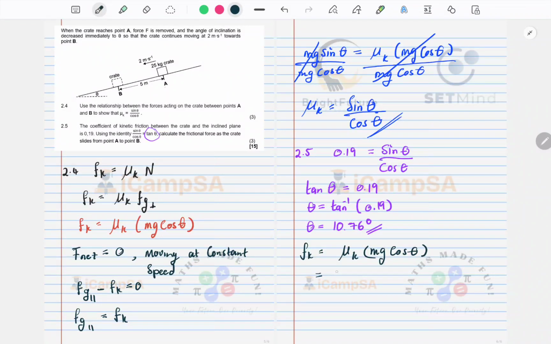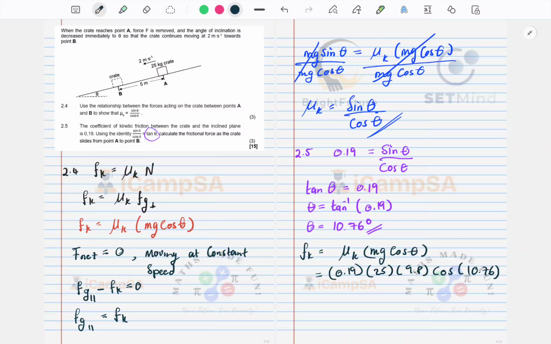And then we're going to have 0.19. The mass of our crate is 25, excuse me. And then we have 9.8 cos 10.76. Okay, this is what we then have here.